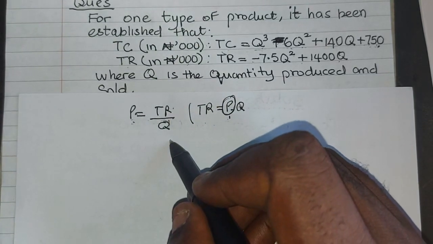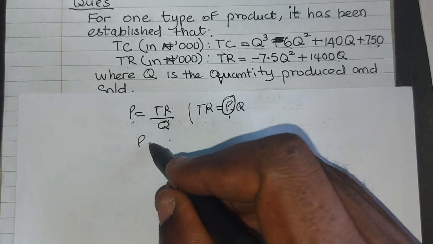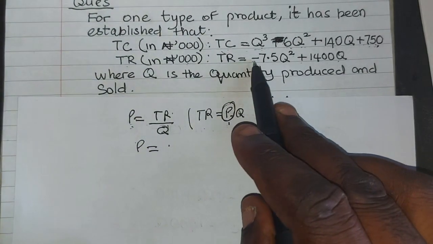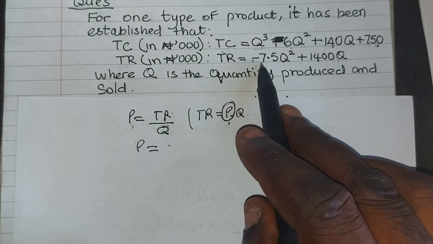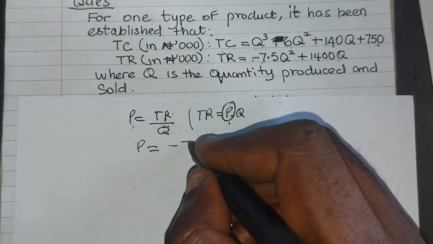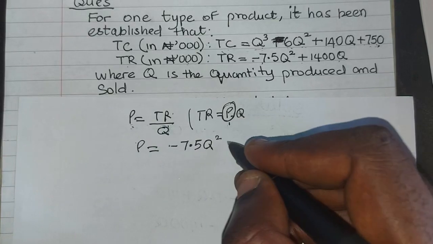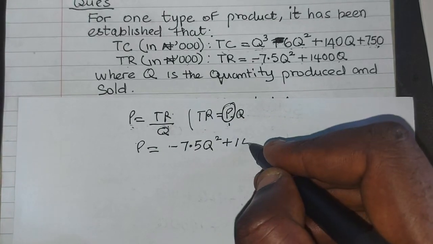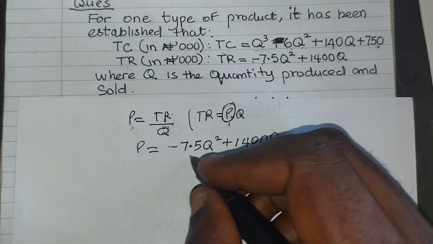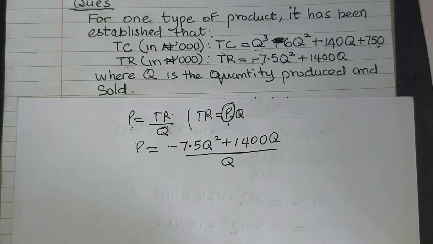Are you with me? So in this case, what is our total revenue function? The total revenue function is given as minus 7.5q raised to power 2 plus 1400q, then divided by the quantity.